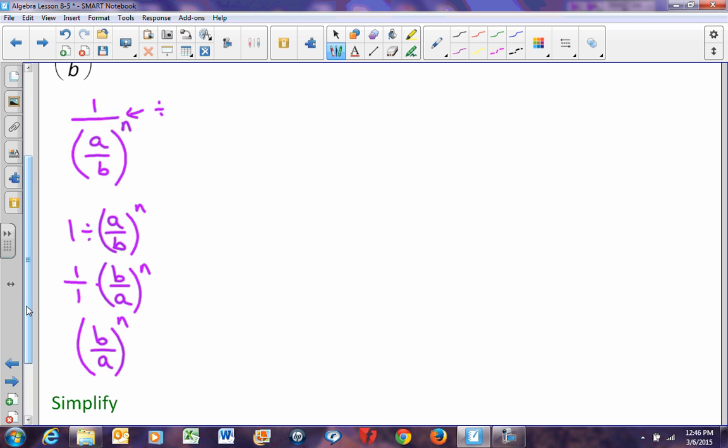Therefore, essentially, a over b raised to the negative nth power is the same thing as saying b over a to the positive nth power. That's what we're saying that equals.